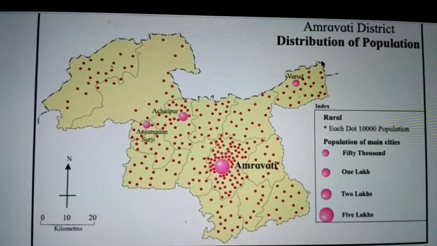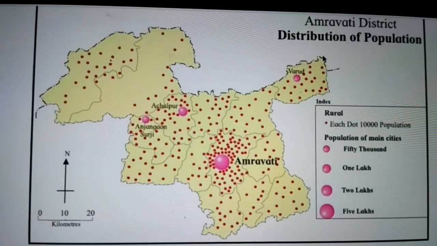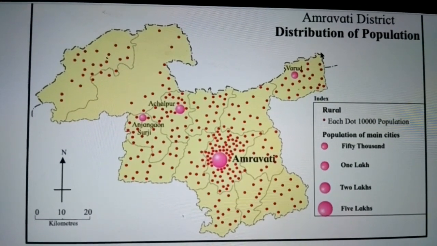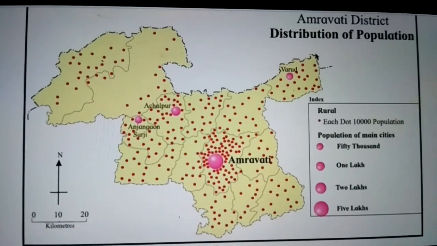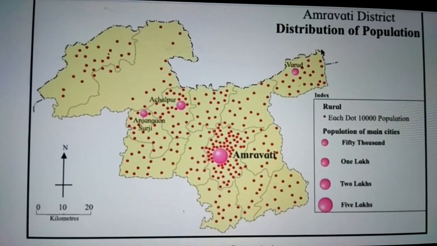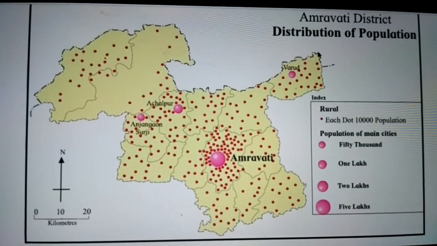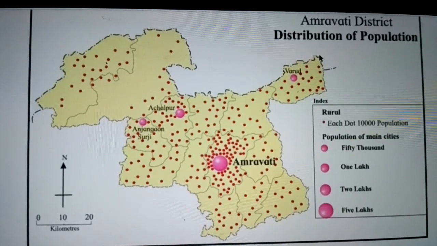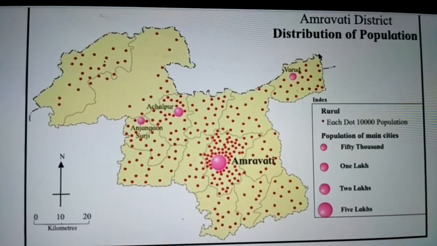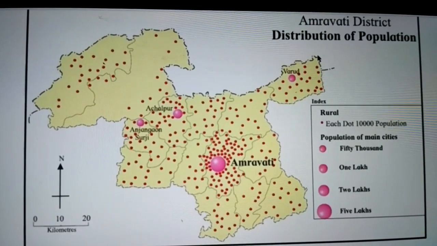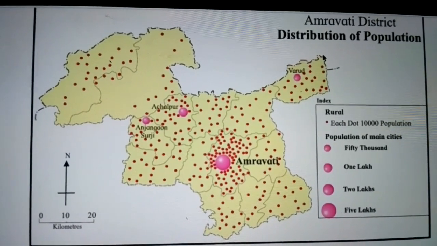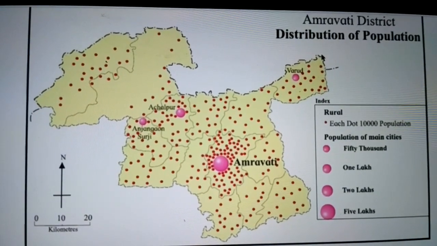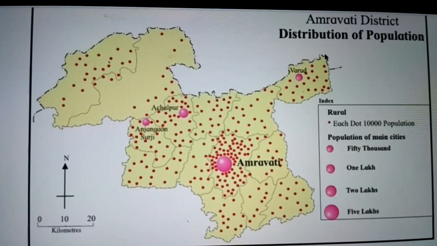You can have a look at the larger dot over there, and we can easily say that Amravati town's population is 5 lakh. Question number 2. Name the place having a population of 1 lakh on the map. You can see the 1 lakh circle which shows Anjangaon Surji.